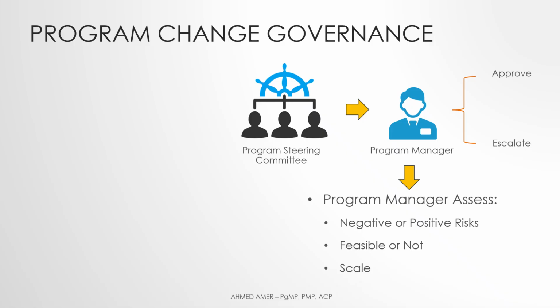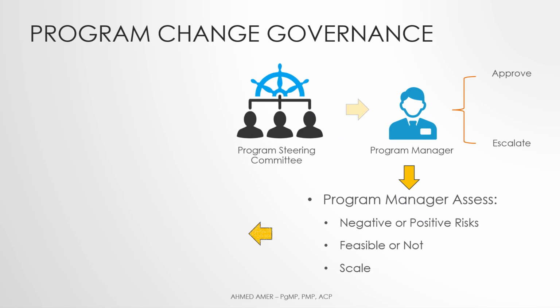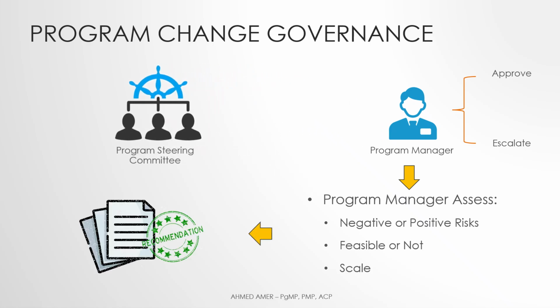If the change doesn't need approval, the program manager puts forward a recommendation to the governance participants via the program steering committee. In other words, you as a program manager have to present your recommendations to the steering committee, not just ask for their decision without doing your part.